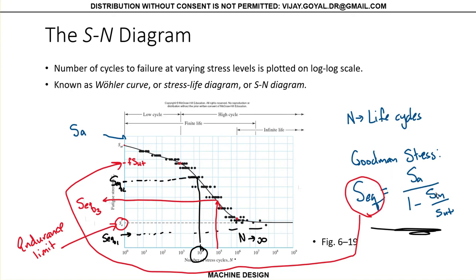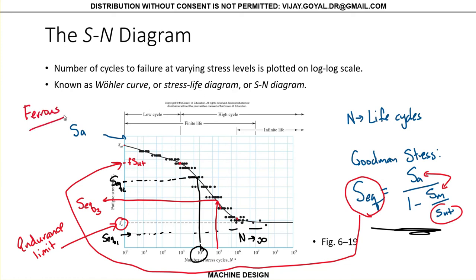And now I can solve for the diameter or the material, anything I need from these two. I can change the dimensions, I can change the material to fulfill a certain life pattern. Okay, so this is a typical diagram for a ferrous material. This is mainly ferrous.